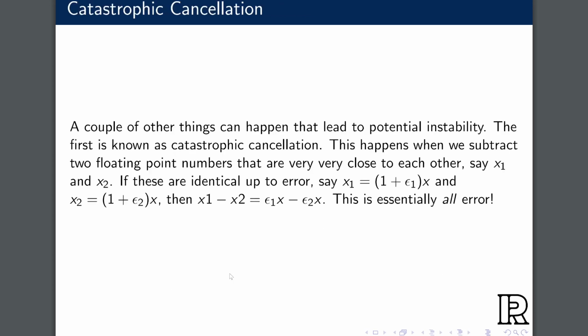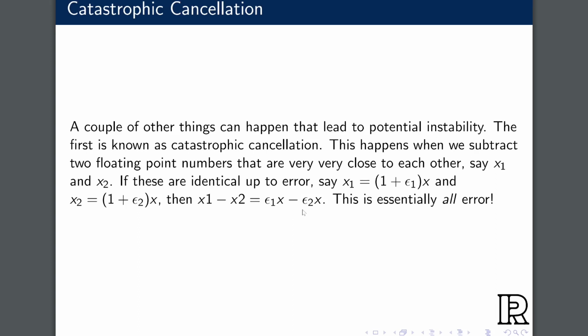Another thing you can run into, which we don't have much time to talk about, and therefore I did not write much on, is called catastrophic cancellation, which is where you subtract two numbers that are very, very close to each other. If you do this, you can write this multiplicative error thing, and if you do the algebra and subtract these two numbers, you're left with this error difference here.